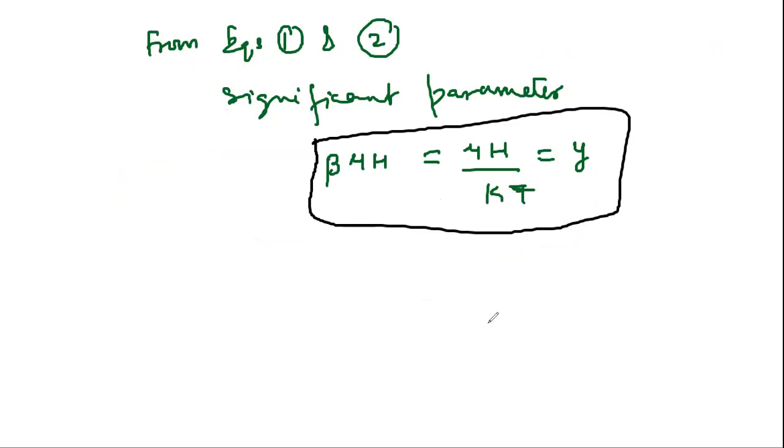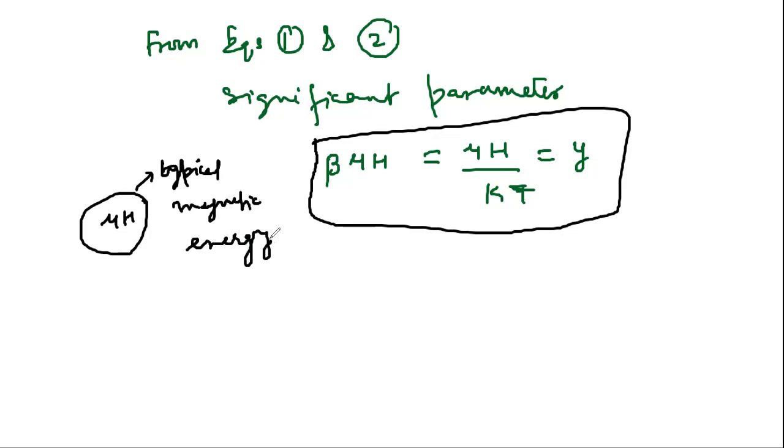If you see what it measures, it is the ratio of the typical magnetic energy to the typical thermal energy. Mu h here is the typical magnetic energy, and this kT is the thermal energy.